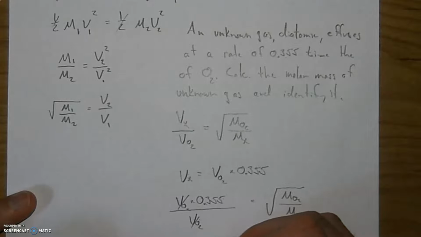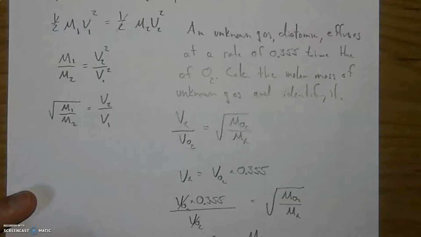I still have the 0.355, but now I'm squaring it. And now I can simply say, based on the molar mass of oxygen, which I know, and the molar mass of X, which of course we don't, I can get a number out of this. So 0.126 is equal to oxygen, that's 32 grams per mole, over this unknown.